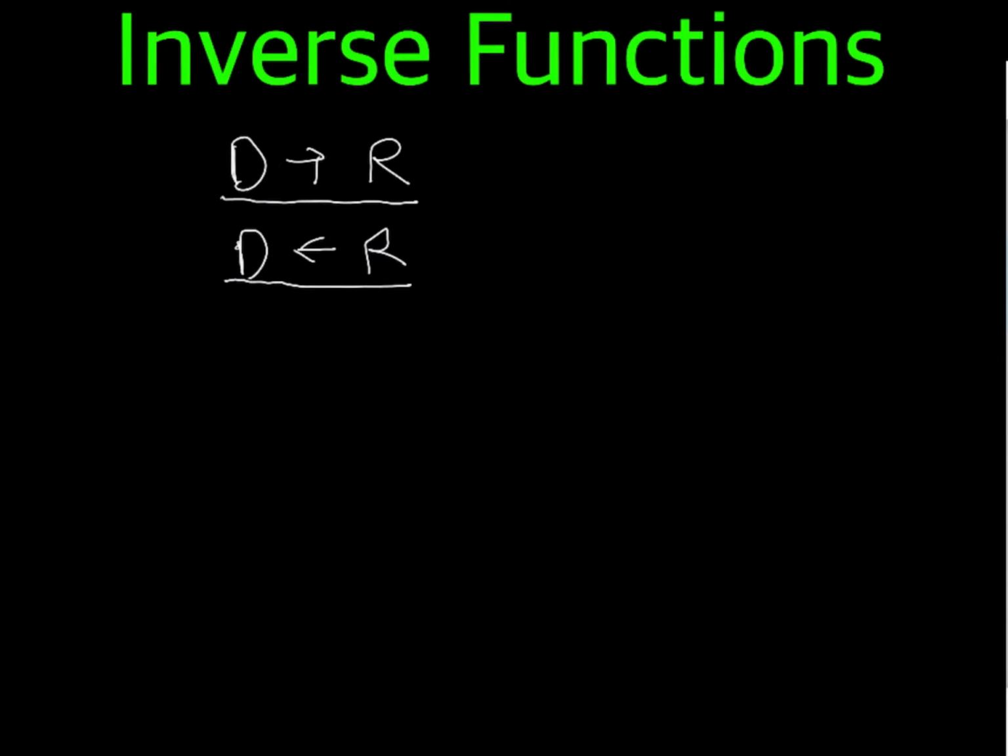So essentially they're reversing each other. So when we go this way, domain to range, range to domain, we're reversing domain to range. But when we go back up, we're reversing range to domain. And we go domain to range. So essentially, they're inverses of each other. Not just g of x is the inverse of f of x. They're actually inverses of each other.